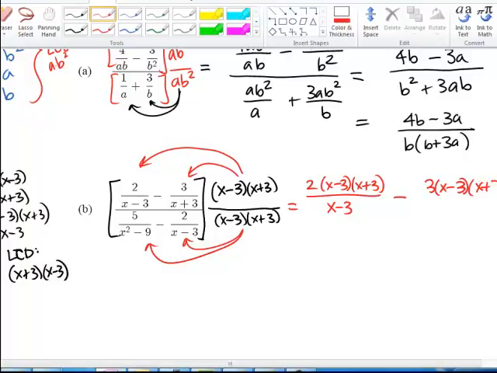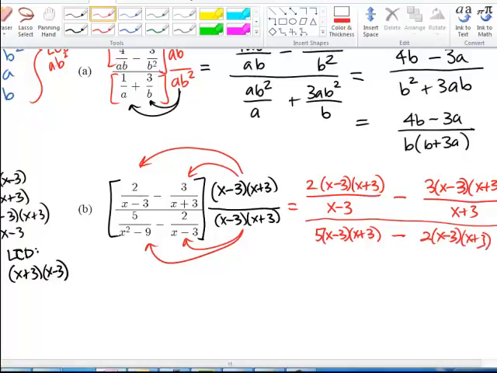Keep the 2 and the 3, but make sure you keep the subtraction between them. In the denominator, we've got a 5 times that group, and then a minus again, 2 times that group. And then in the next line, we'll be able to reduce things.